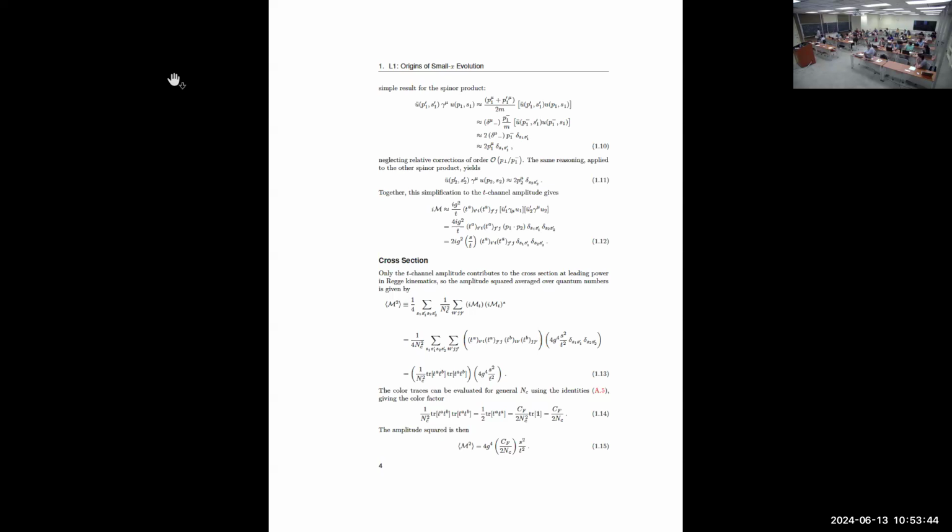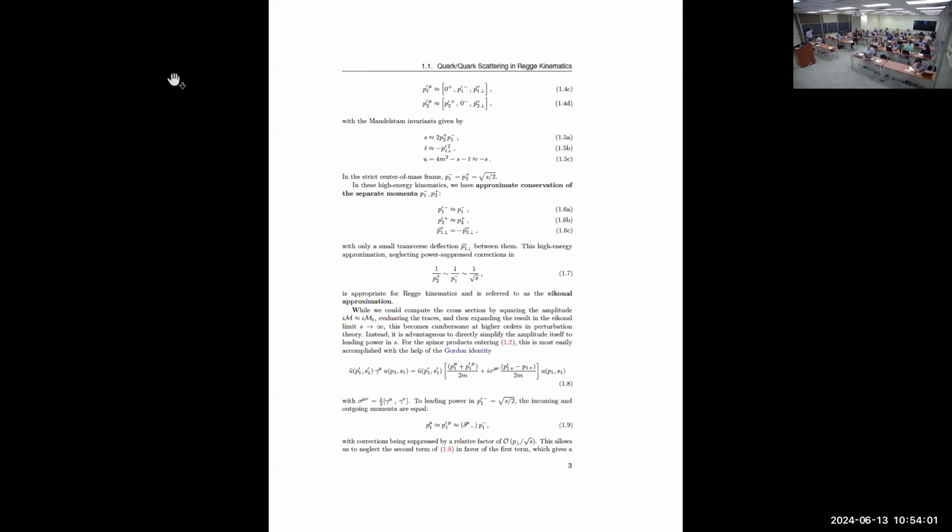So for my incoming particles, P1 mu, a priori, let me choose P1 to be going in the minus direction.